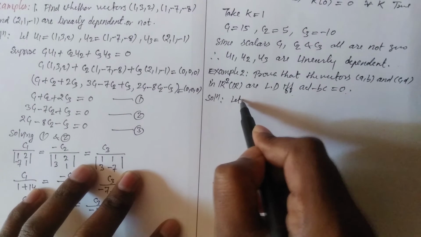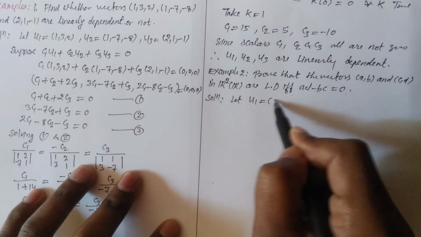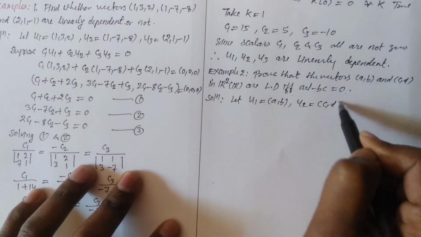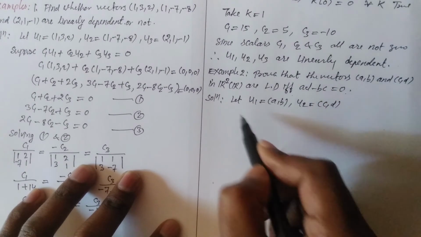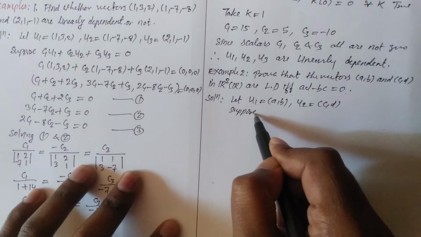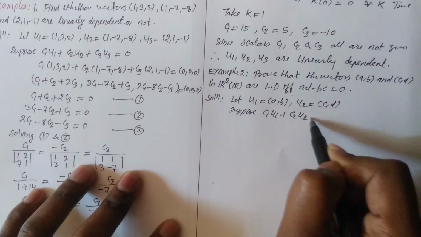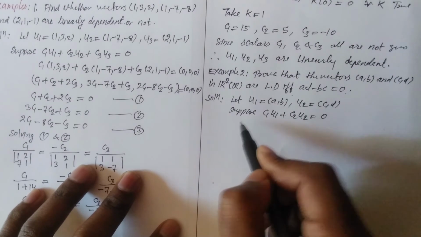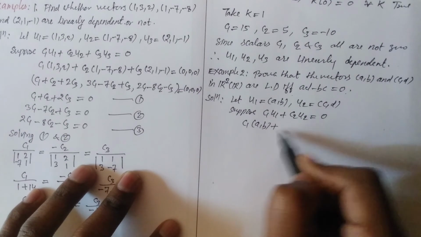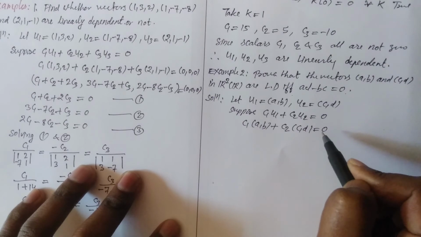So let U1 equal to (A, B), U2 equal to (C, D), and we suppose C1 U1 plus C2 U2 equal to 0. So we have C1 (A, B) plus C2 (C, D) equal to 0.